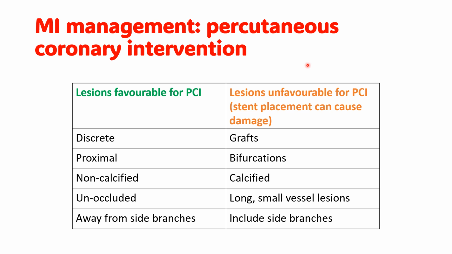There are also drug-eluting stents, and the drugs released by the stents help to reduce some of that smooth muscle proliferation, which we know as part of the atherosclerotic process in terms of the plaque formation.